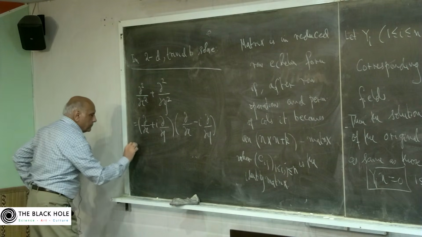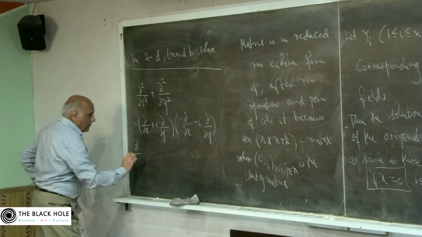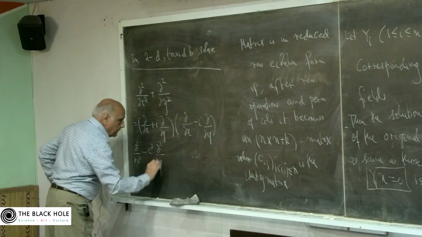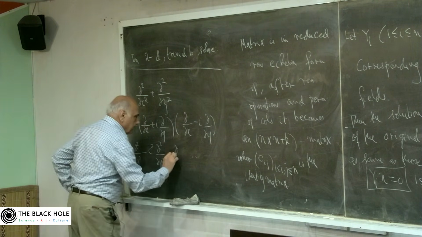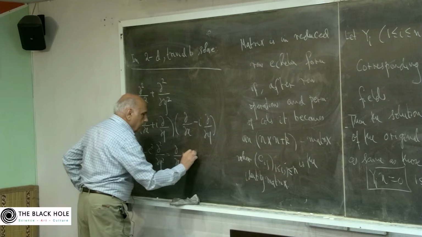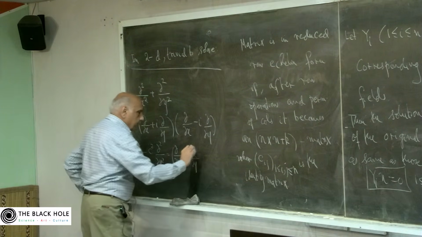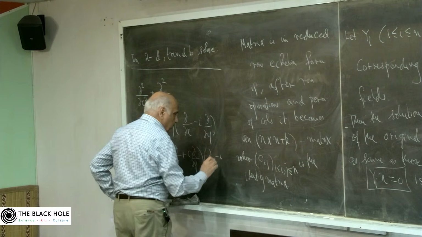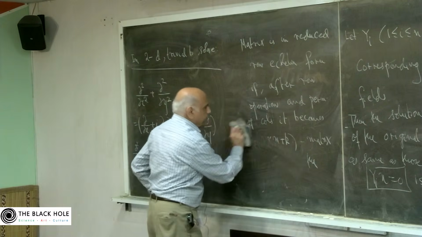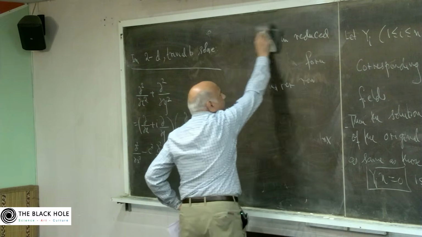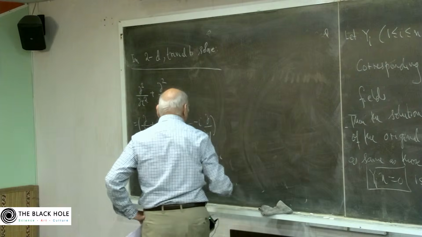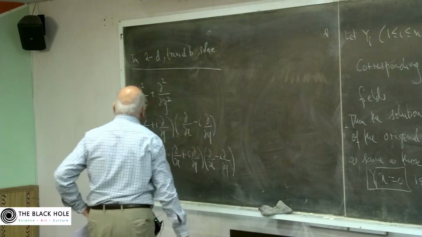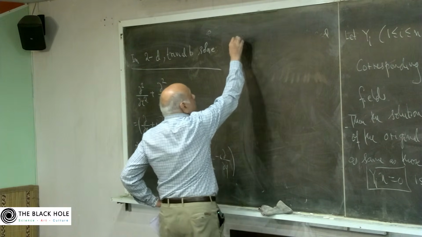And for the second one, minus, what is the factorization? d by dx plus c d by dy times d by dx minus c d by dy. This is the factorization.